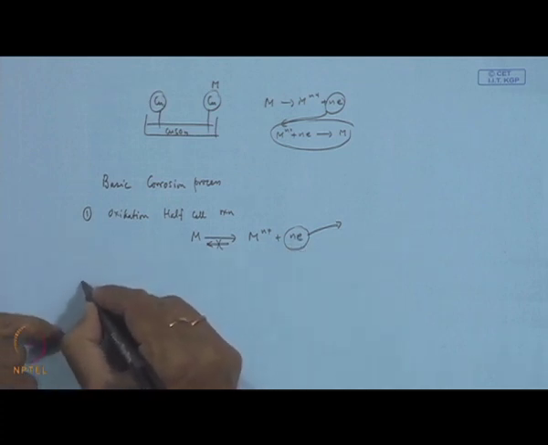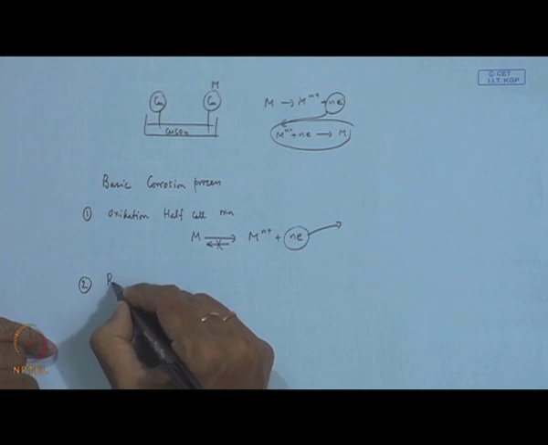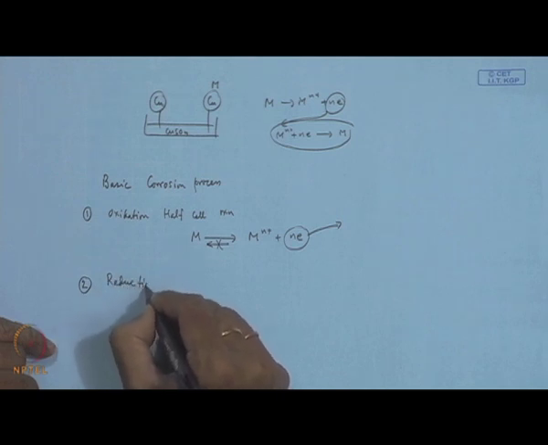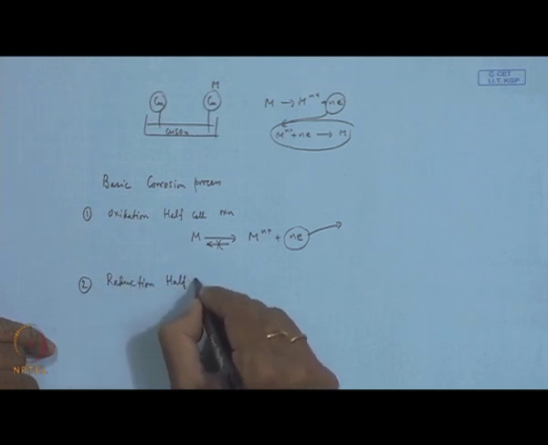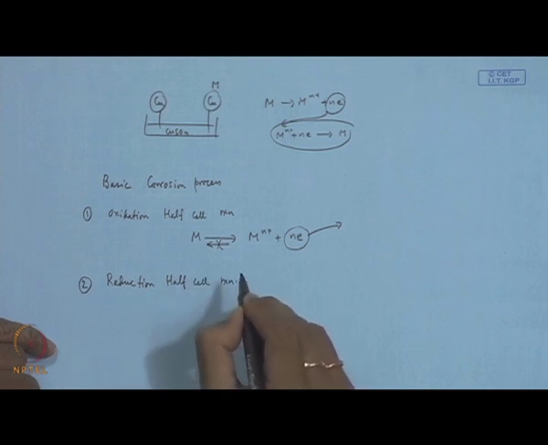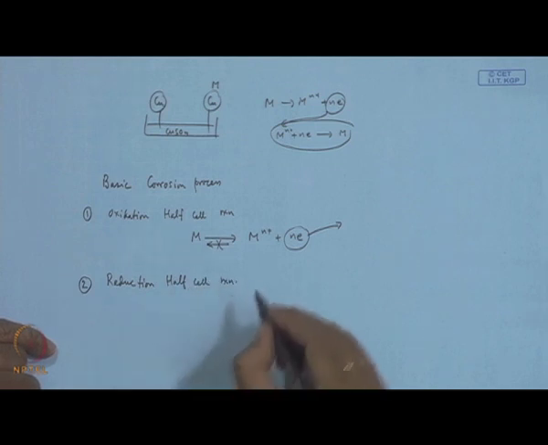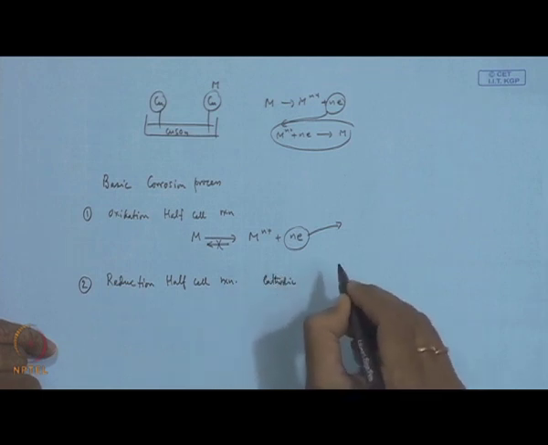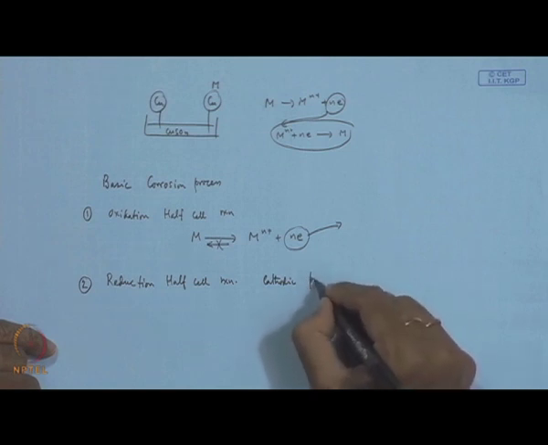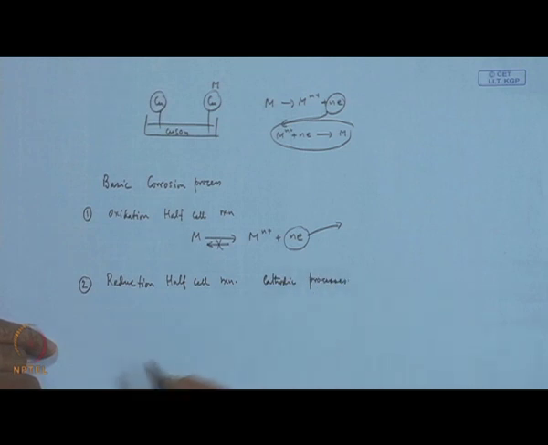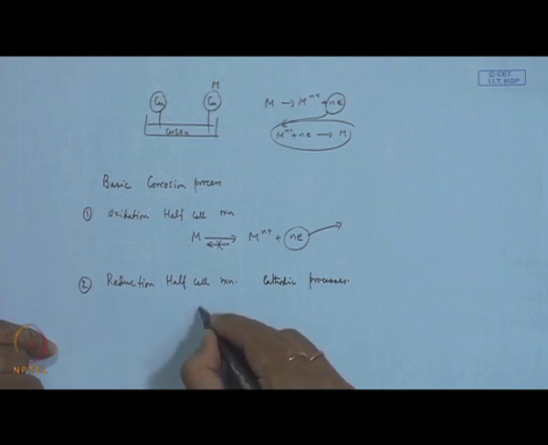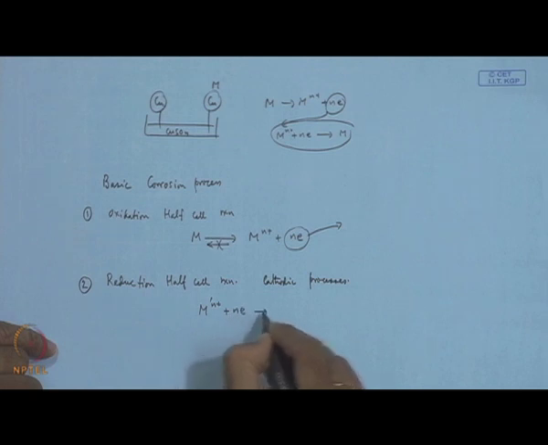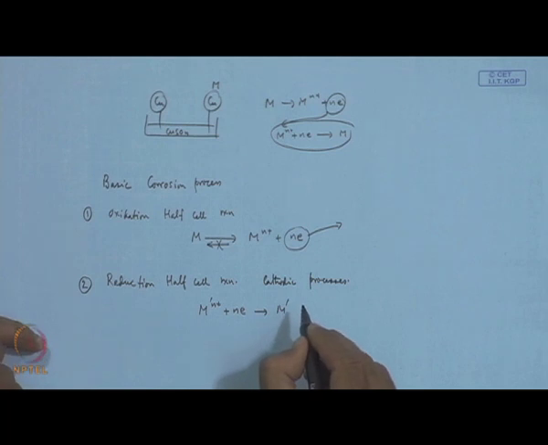So the second step is the reduction half cell reaction, cathodic, maybe a secondary process, like M primed n plus plus n electron giving rise to M primed metal. This could be one process.